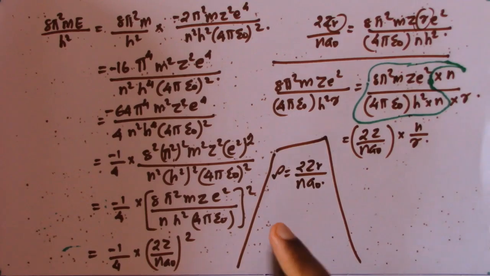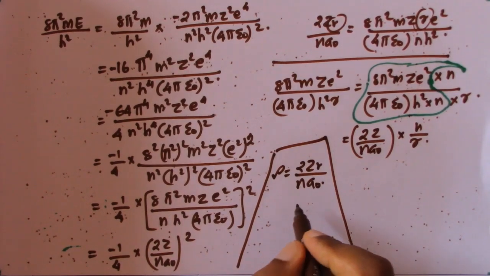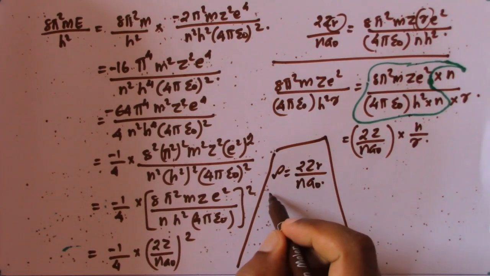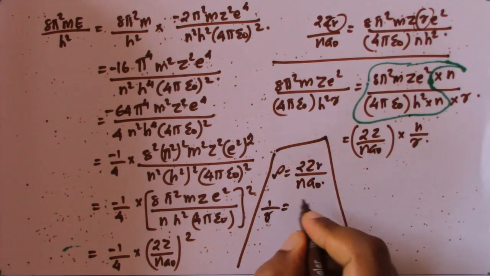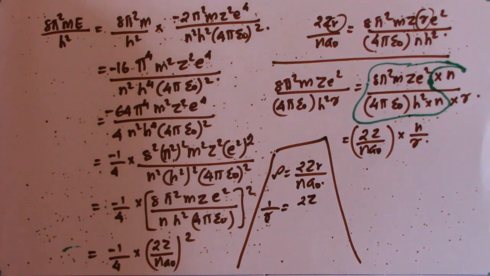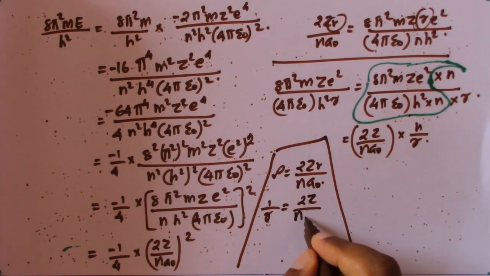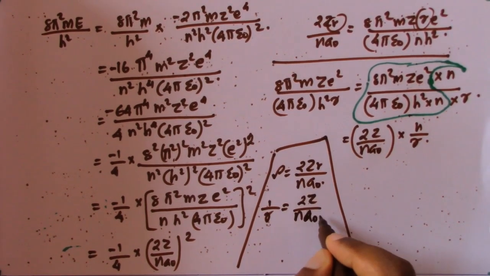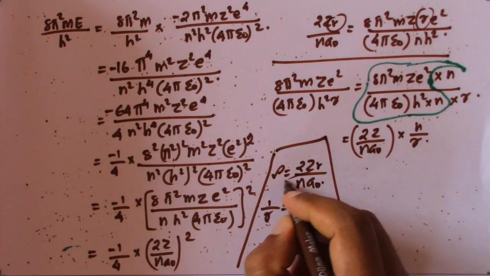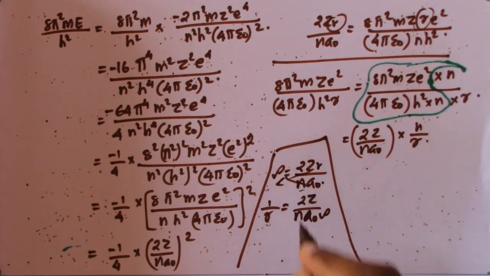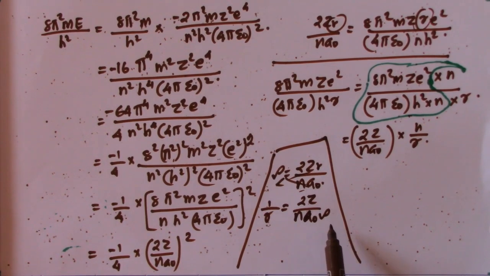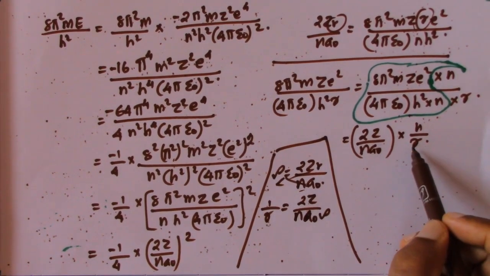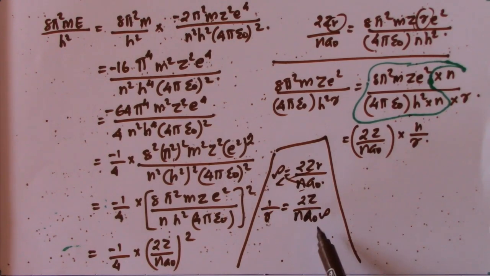If we can find out 1 by r, we can take this r here. Therefore 1 by r is equal to 2z divided by n a0 into rho. So it's cross multiplication.